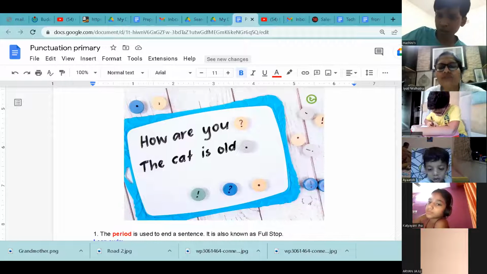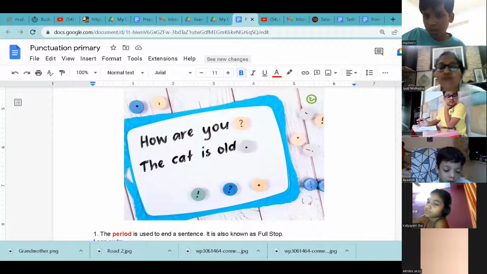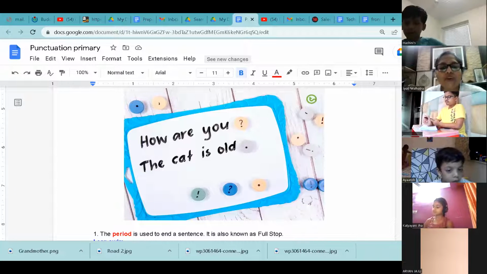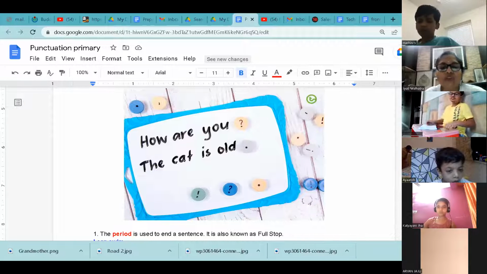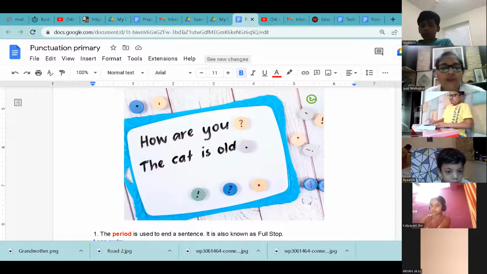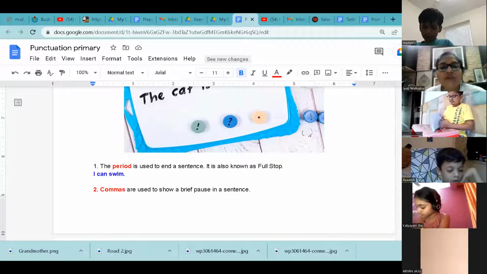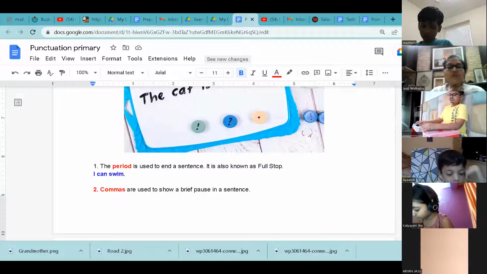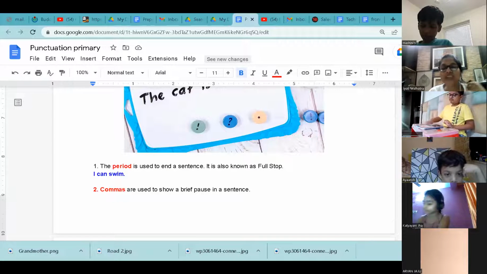It's a little difficult to decide where to put the comma. How are you? The cat is old. So I just got some fun pictures for you in between. That was just an exercise I was doing with you students. So let's go over these.